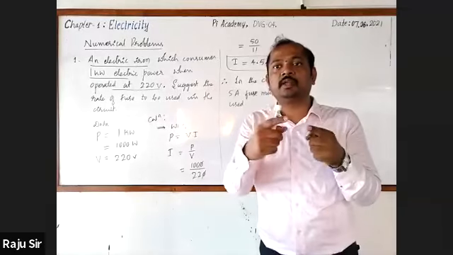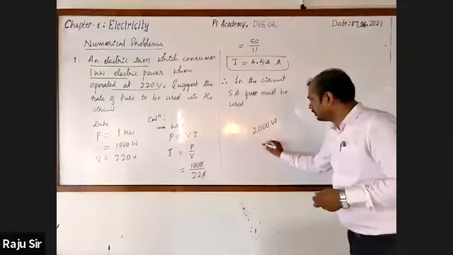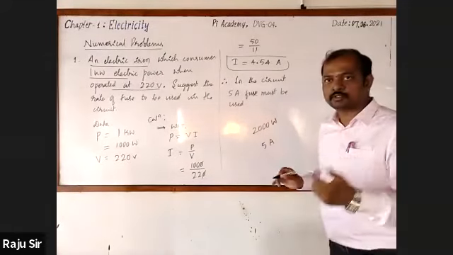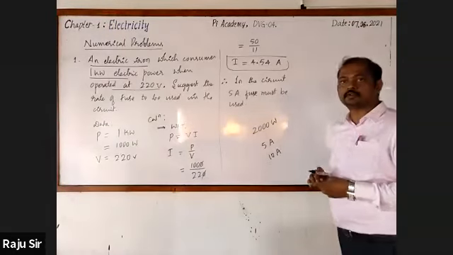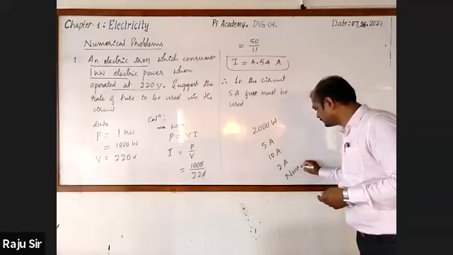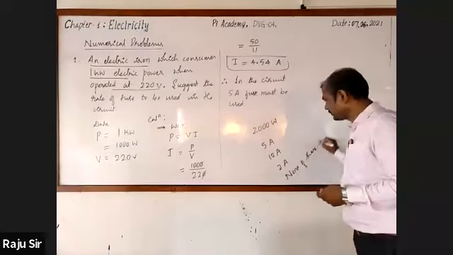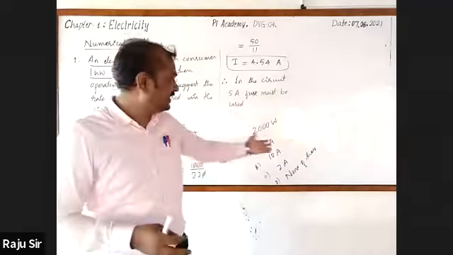Our domestic wiring alli namge ಈಗ fuse ಬೇಕು. I am going to give you options: whether I should use 5 amps fuse, 10 amps fuse, 2 amps fuse, or none of these. And if we do not use a fuse, what will happen?